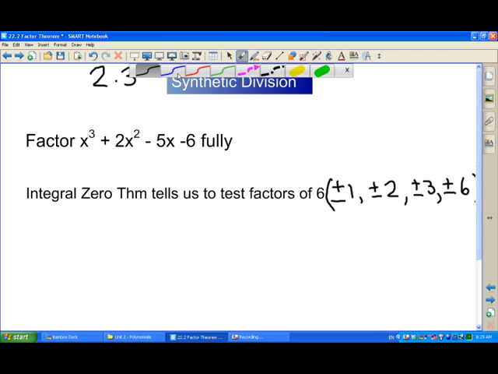So a good strategy to use is to start with the smallest number. So I'm going to start with the number positive 1, and I'm going to evaluate this polynomial at 1.